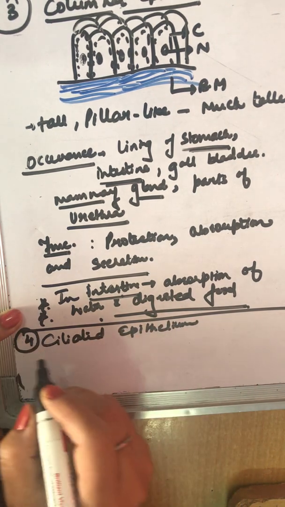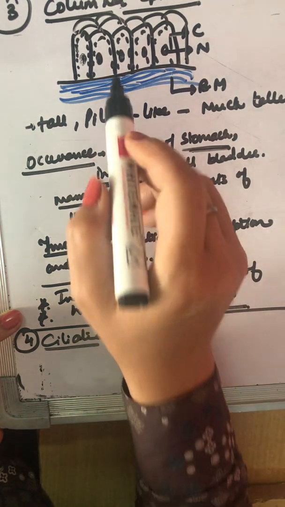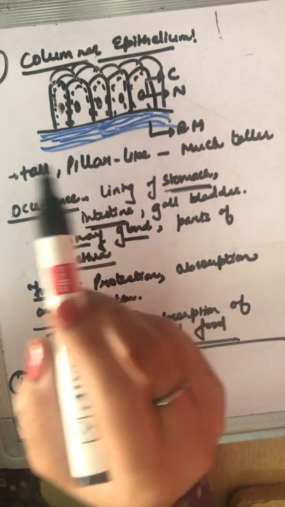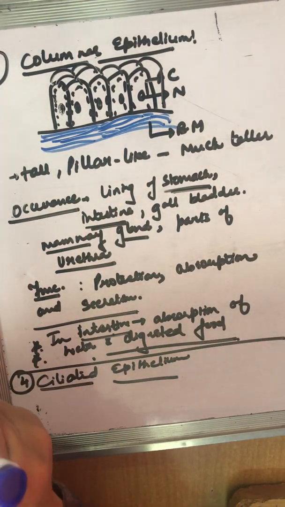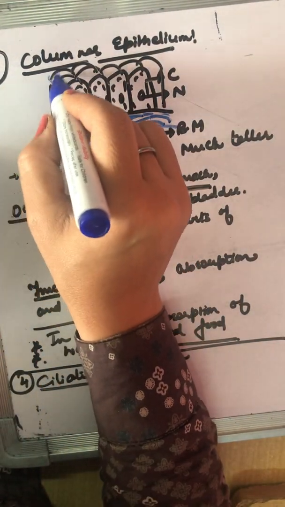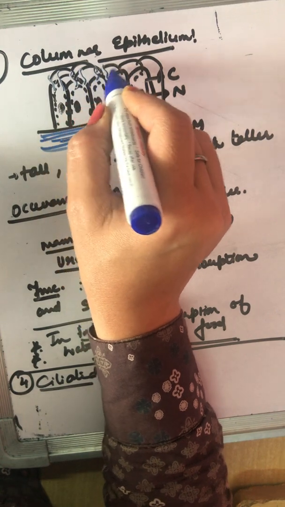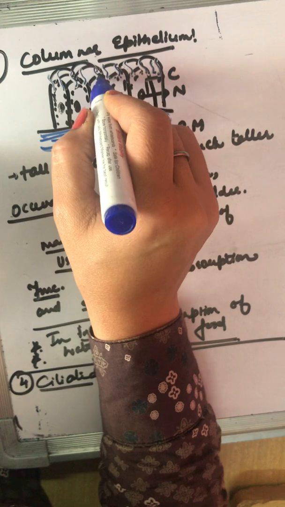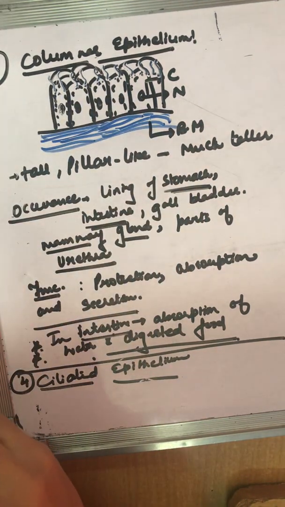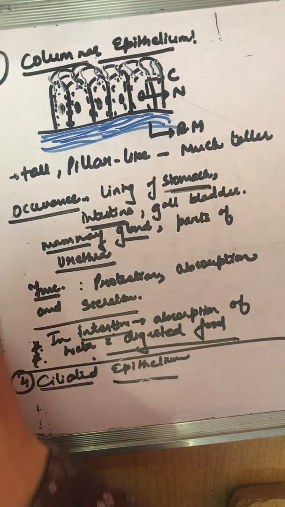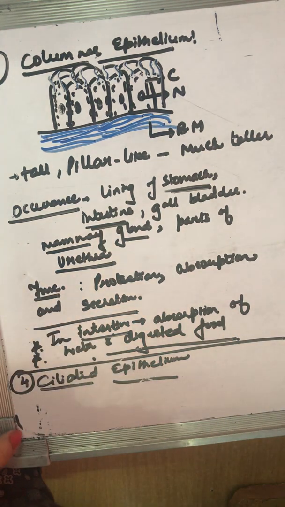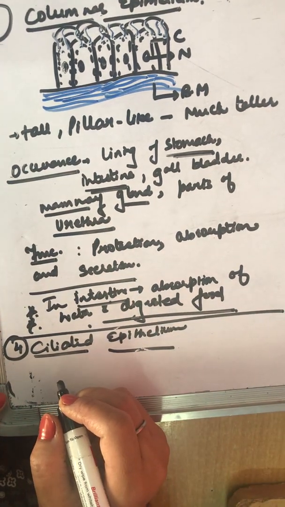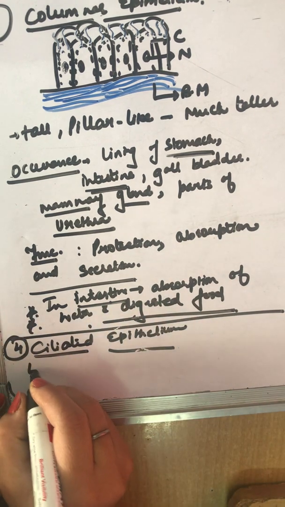The fourth type. When we say these columnar cells or the cuboidal columnar cells, they bear cilia onto the top. Cilia means the hair-like structures. These cilia are small hair-like structures onto the top. When they bear cilia on their free surface, basically arising from a basal granule, these are located in various areas.